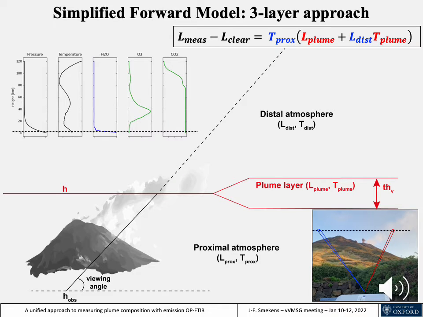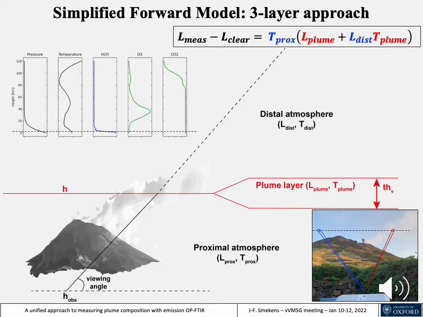So we've developed a simplified forward model with a three-layer approach with the goal of developing a fast retrieval that can be implemented in real time. Once a specific viewing geometry has been defined, we obtain atmospheric profiles from balloon soundings taken at the time of measurement with pressure, temperature, and the volume mixing ratios of the gases of interest.